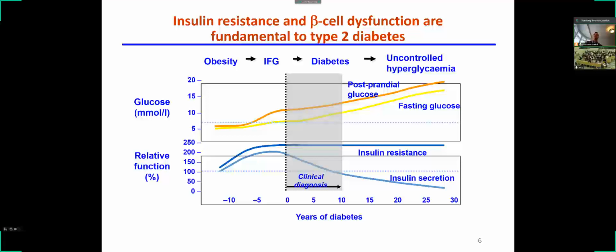So what does this look like in terms of type 2 and onset of disease? Remember, in type 1, we had a very quick, dramatic drop-off under the age of 10. Here, it's slightly different depending on your glucose levels after you've eaten. You can see that in diabetics, as you progress through the disease, the glucose levels get higher and higher after you eat.